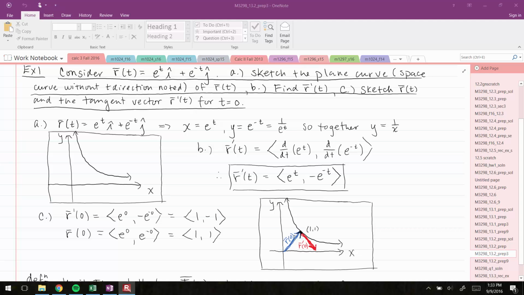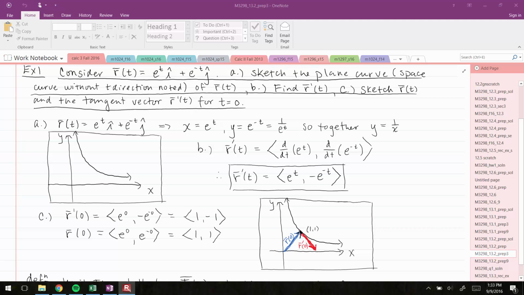And so notice that this blue here is going from the origin to a point on that curve. The way that we typically draw the vector representing the derivative is we draw it at that point, from this point that is on the graph, so at 1, 1 in this case.